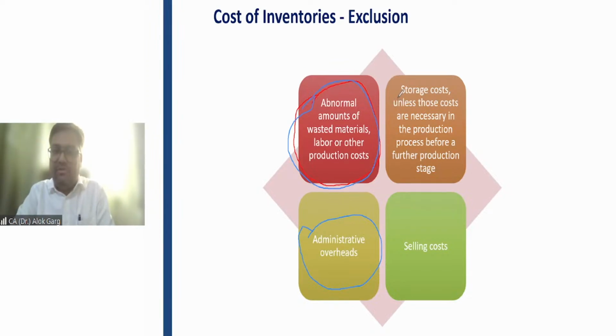Storage cost, unless those costs are necessary in the production process before a further production stage, right? The company has manufactured 1000 packets of chips and they have stored them in the warehouse, for which they are paying warehouse rent. This storage is not necessary.